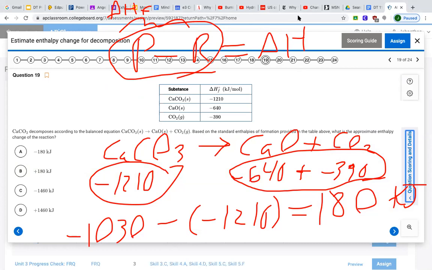So when you're dealing with bond enthalpies, you do reactants minus products. Why? Because the bond enthalpies are enthalpies required to break bonds. But in a chemical reaction, we're doing the opposite thing. We're actually forming the bonds at the end. So because we're doing this opposite thing over the course of the reaction going forward, we have to do a sign flip. So we have to do reactants minus products in that case. But in the case of enthalpies of formation, those are forming, right?